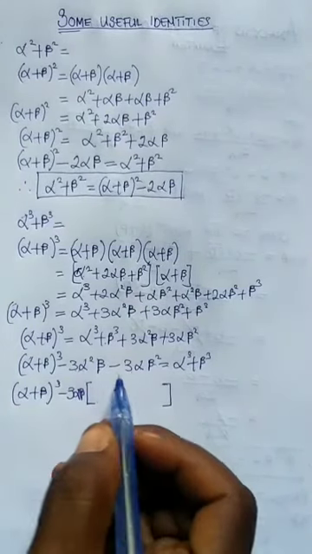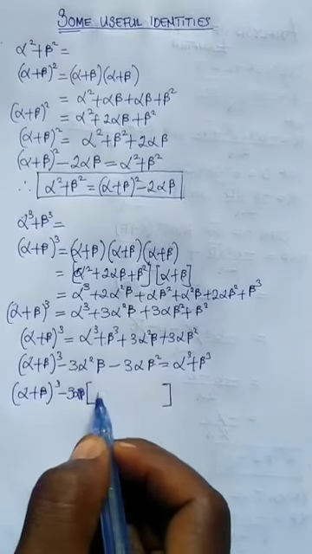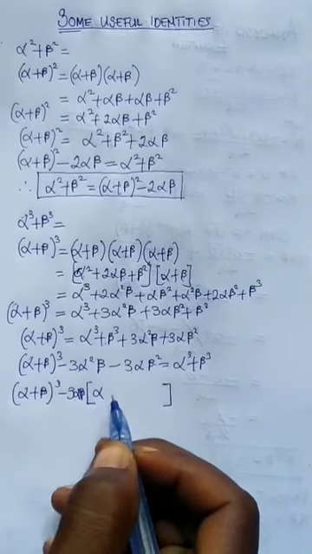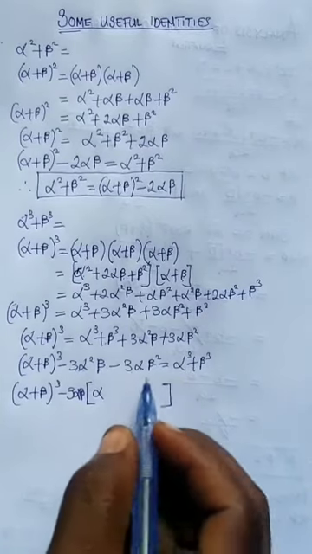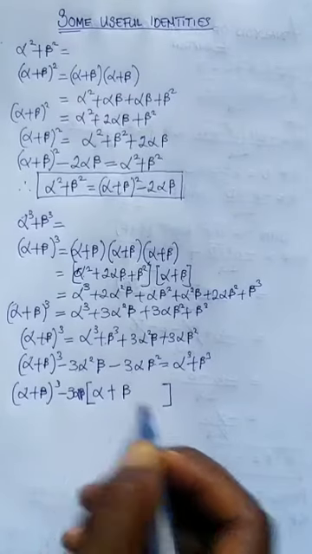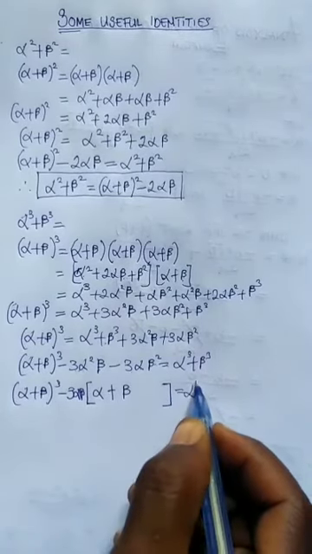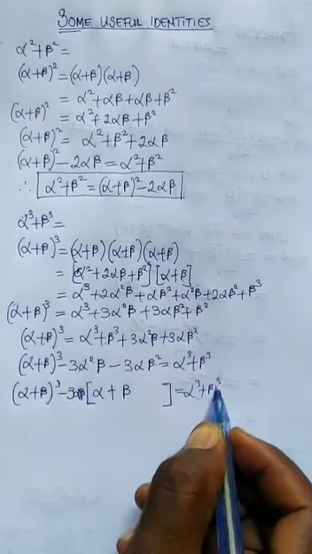So what is remaining in? If you remove 3 here, 3 is gone. If you remove alpha, it remains 1 alpha here. Right? If you remove beta, we're having this plus what? Beta. So this is what we're having, right? Is equal to what? Alpha cube plus beta cube.